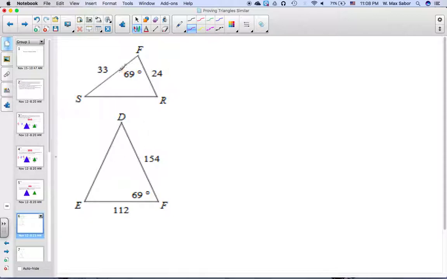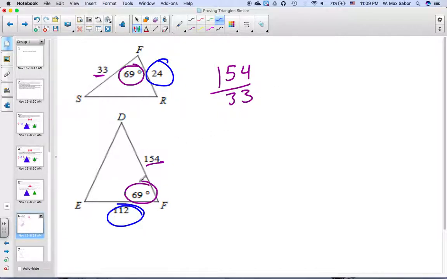So here we have 2 angles that are congruent. Now if we use these, 154 is the second triangle over 33. Is that the same thing as 112 divided by 24? And I believe that they are.